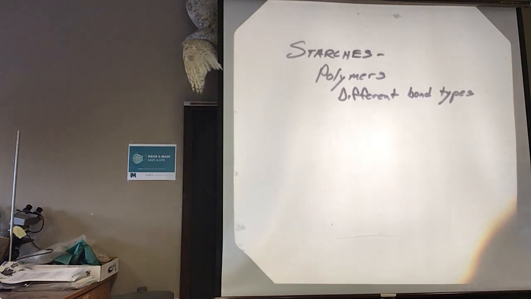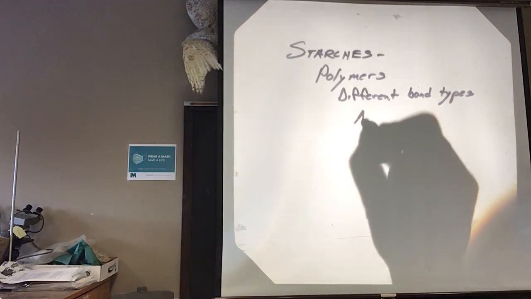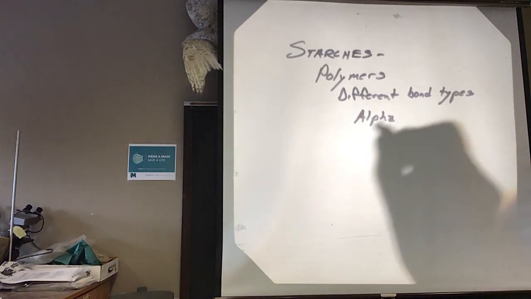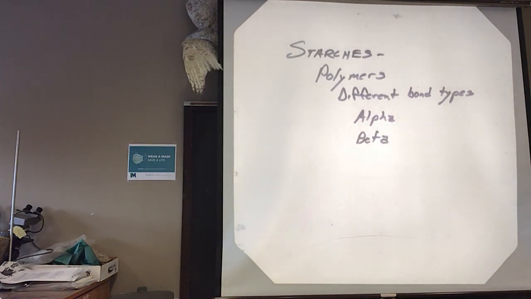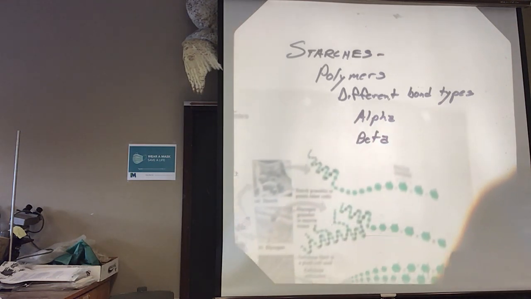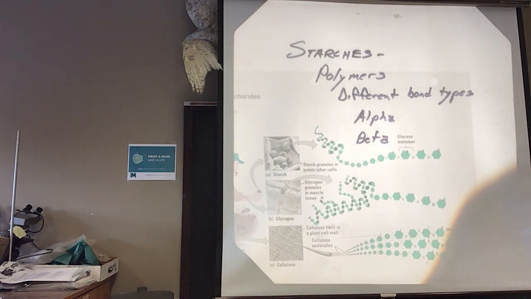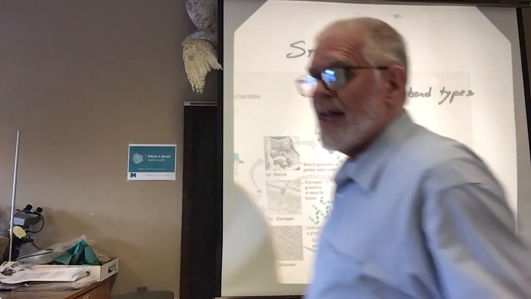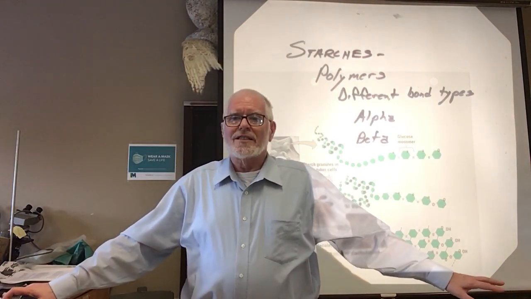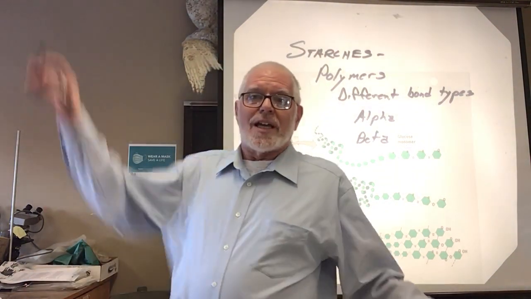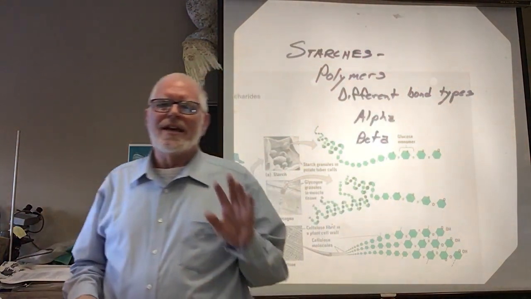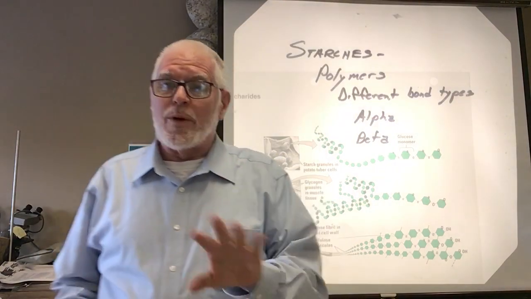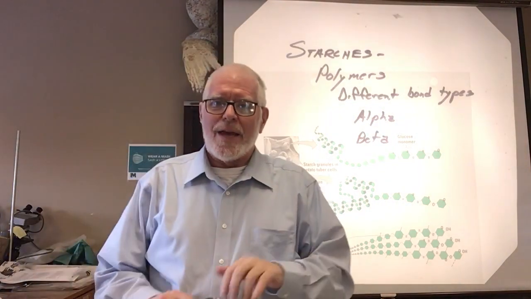The different bond types are called linkages. A whole bunch of connections like this are alpha linkages. A bunch of connections that go like this are beta connections. It turns out that the alpha connections are much more easily broken later than the beta connections.